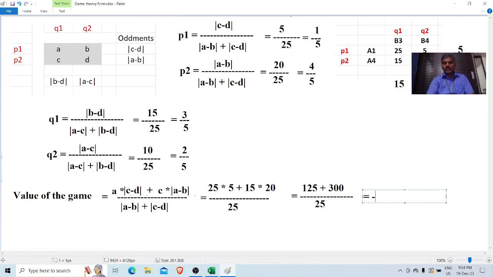So the denominator is 25 and the numerator is 425. We can further reduce this by the table of five. In the denominator, 5 5s are 25.